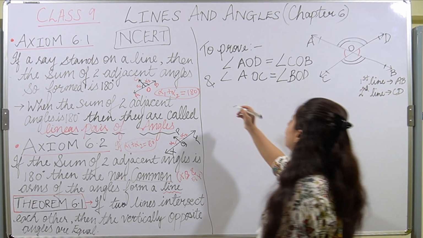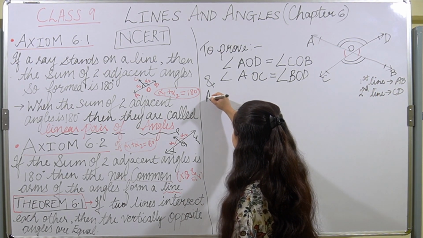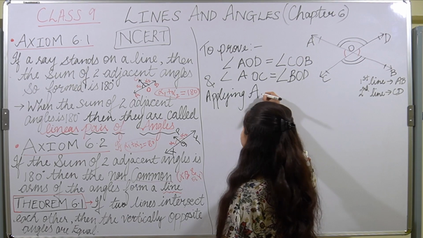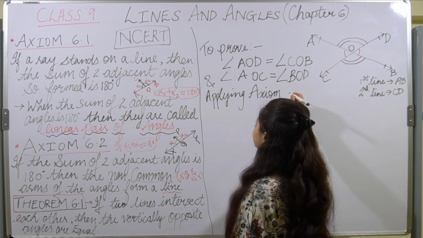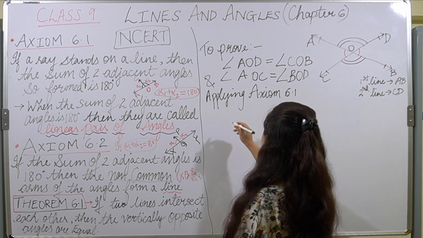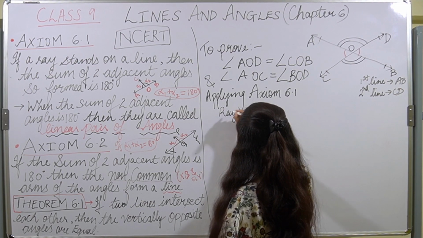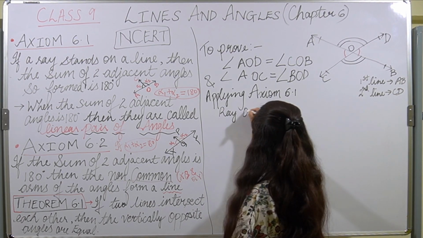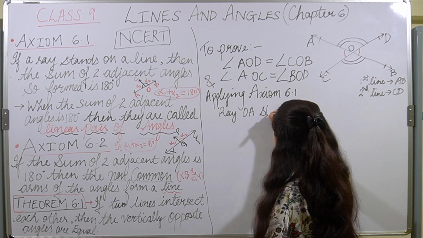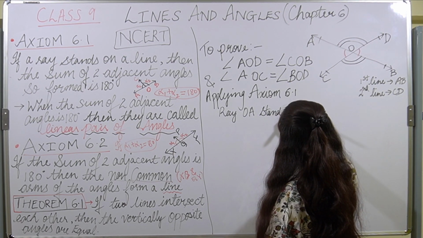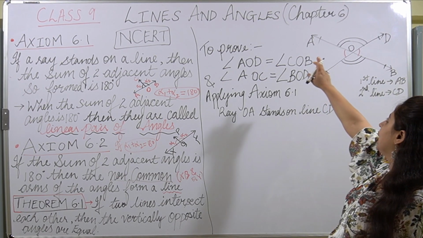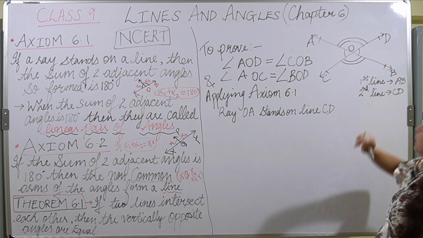So over here, applying axiom 6.1, ray OA stands on line CD.